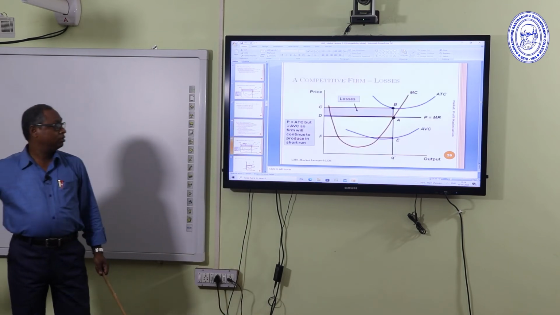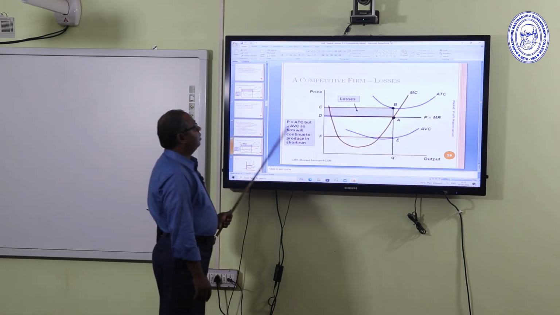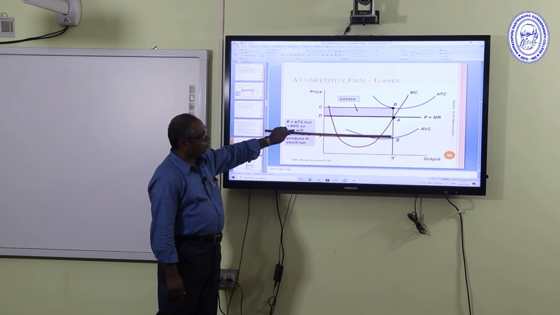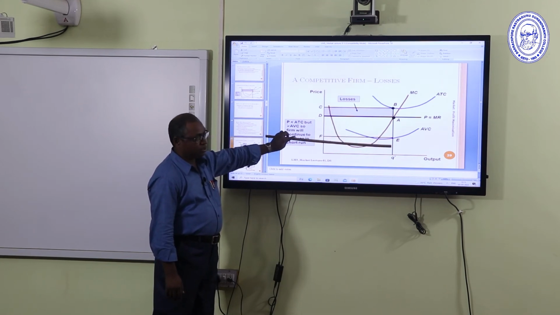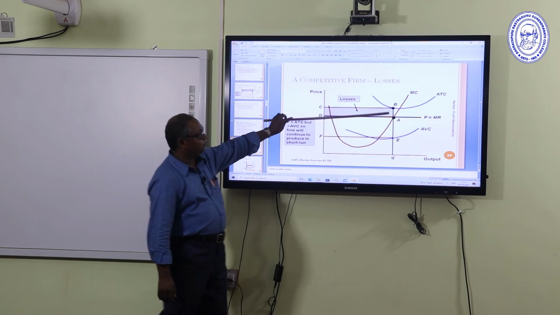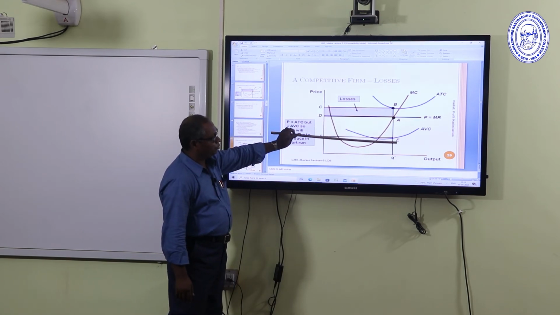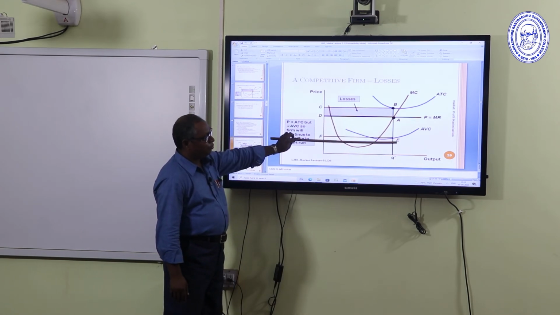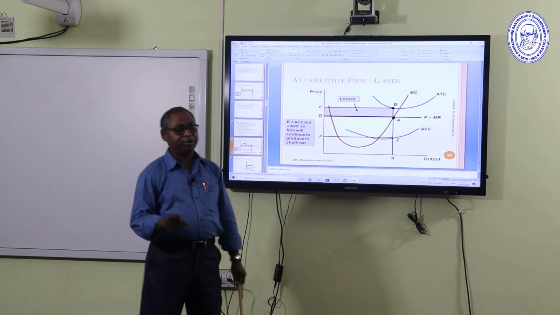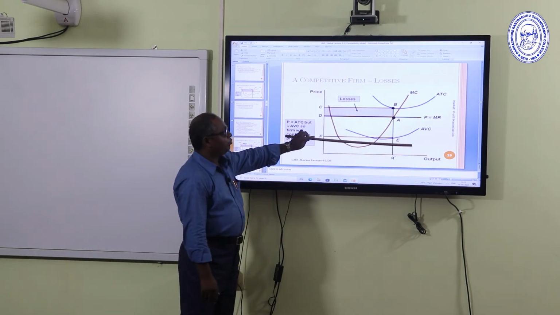Why? I will explain here. If price is below that, then the firm cannot cover this amount of fixed cost. If price reduces to below the minimum point of AVC, then what will happen?